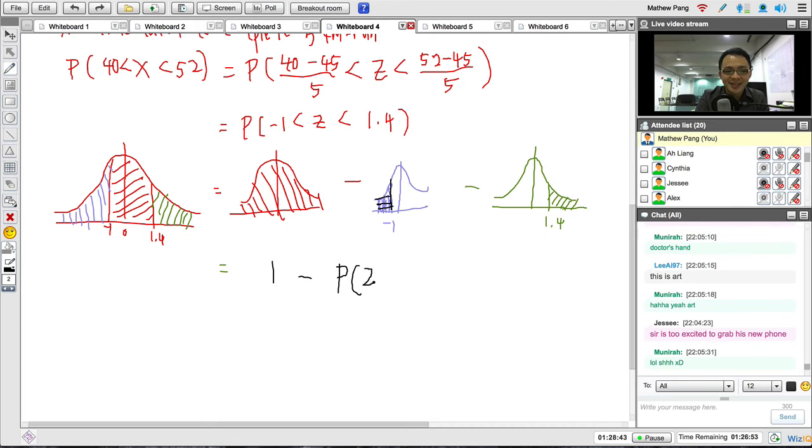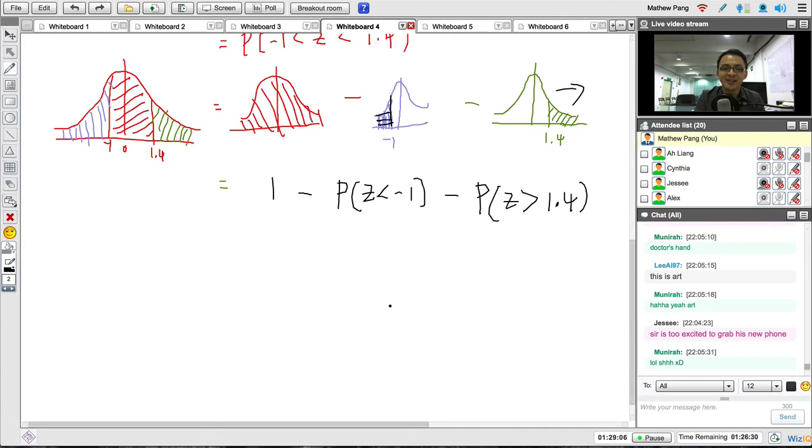So it will be z less than negative 1. Because this is negative 1, go this way is less than, go the other way is more than. Alright? So minus probability, this is 1.4, isn't it? I said this is z value. So z go this way is bigger, bigger 1.4.